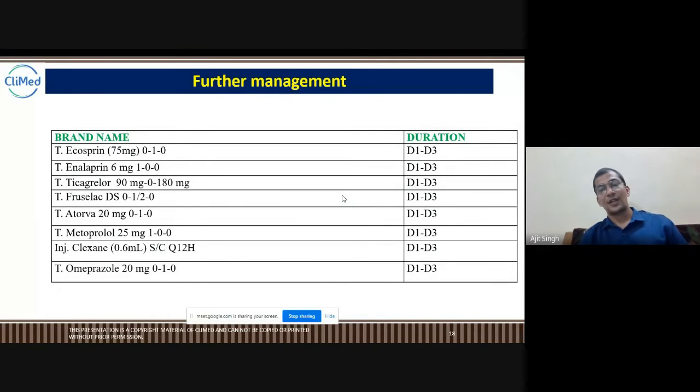Then came prasugrel, the next generation of clopidogrel, and then in 2017 in India came ticagrelor. Ticagrelor is a very recent, very new drug, and it is more potent than clopidogrel and prasugrel.